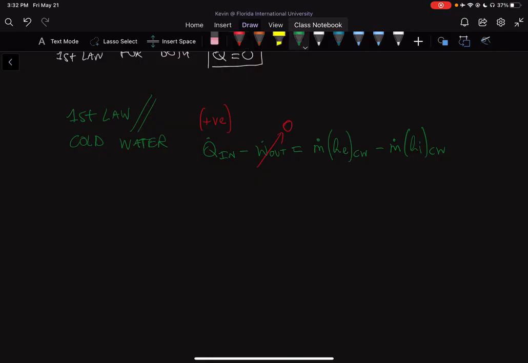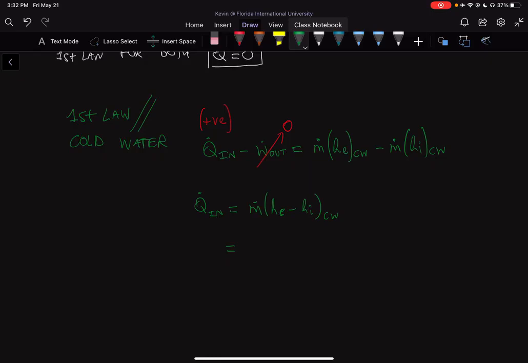So going ahead and solving it, we can say that Q dot in is equal to M dot times HE minus HI, and that's for the cold water. And we know that HE minus HI, we can actually write as TE minus TI times CP, because we're going to assume that we can use CP for this type of problem because we don't have enough information to find HE and HI.